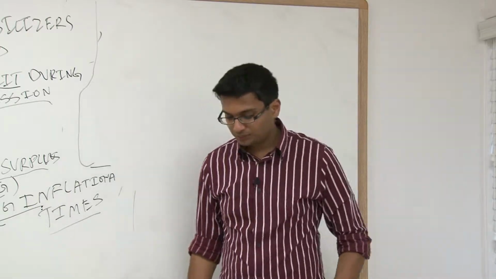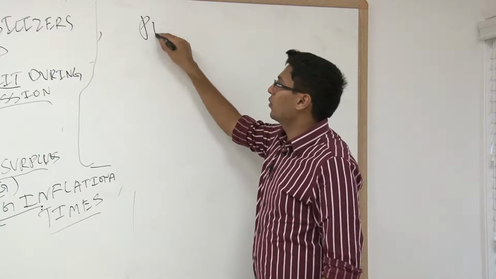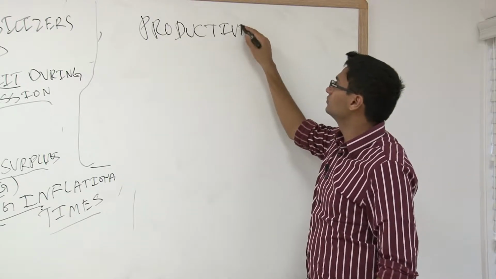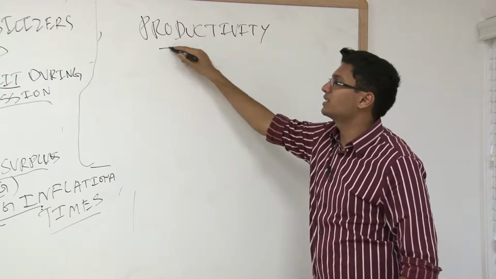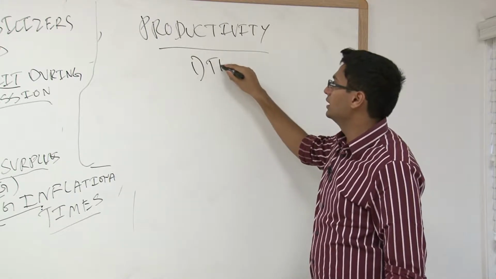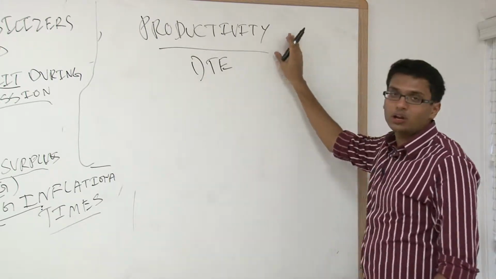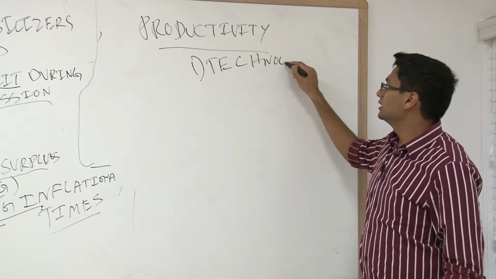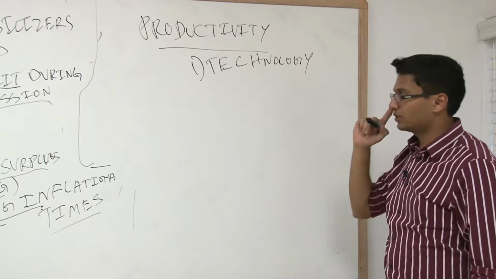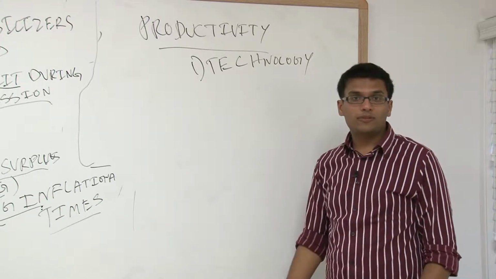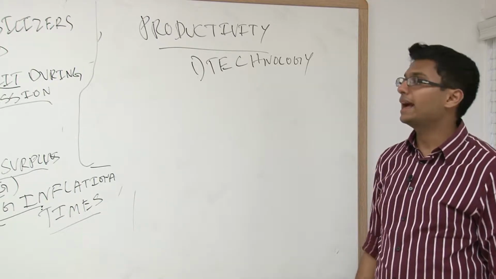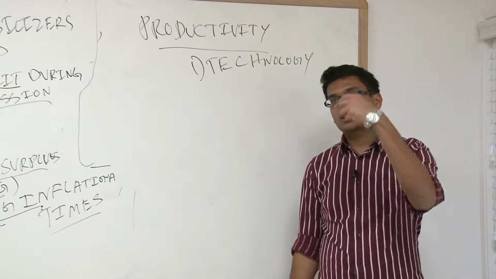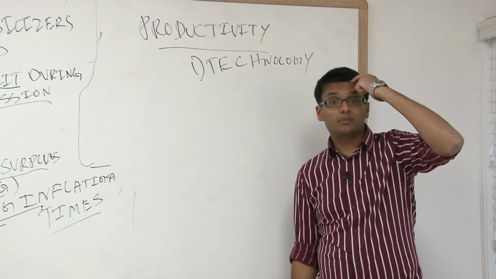So let's talk about productivity. The first thing we said is let's talk about technology. And we're talking on a macroeconomic scale, so an entire economy. Let's give an example. Take countries that have developed really well in the past 10 years.